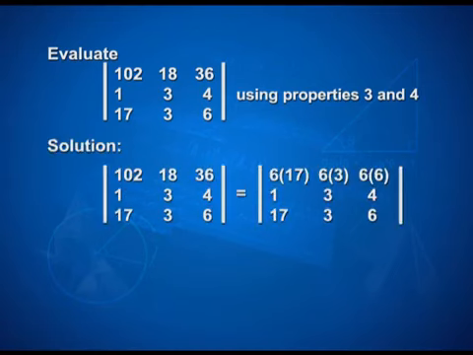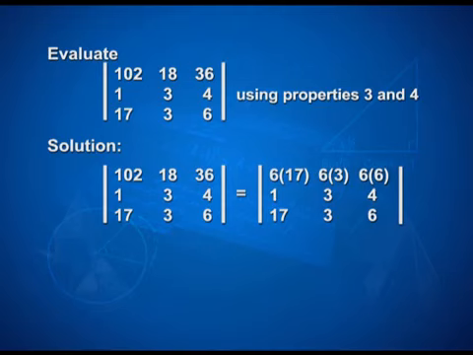For the solution, note that this determinant could be expressed as a determinant with 6 into 17, 6 into 3, 6 into 6 as the first row, 1, 3, 4 as the second row, 17, 3, 6 as the third row.